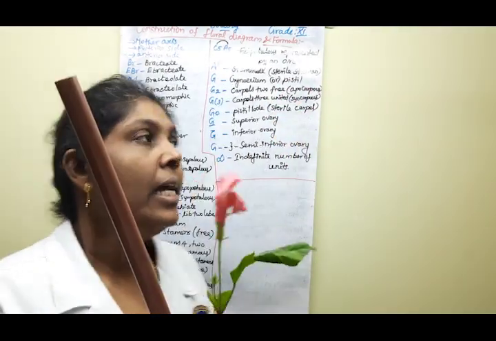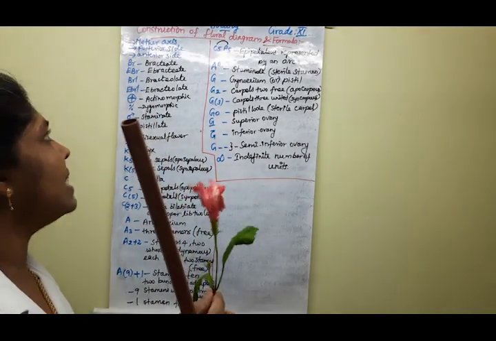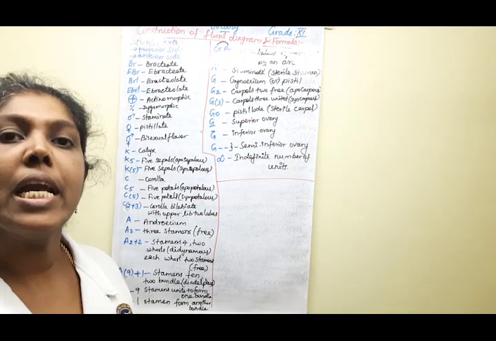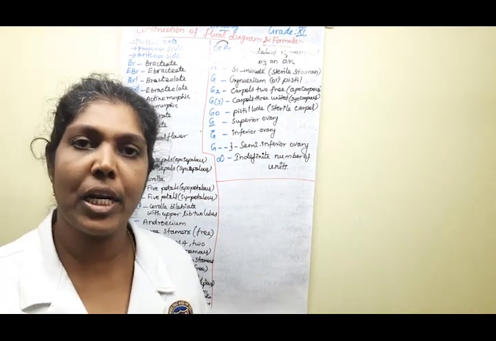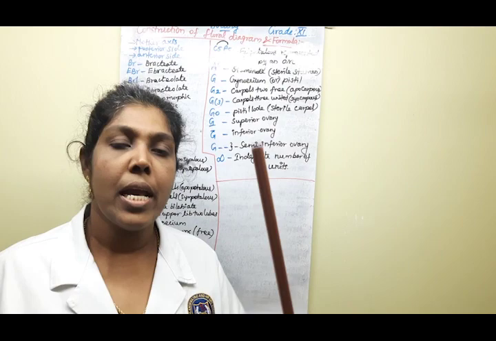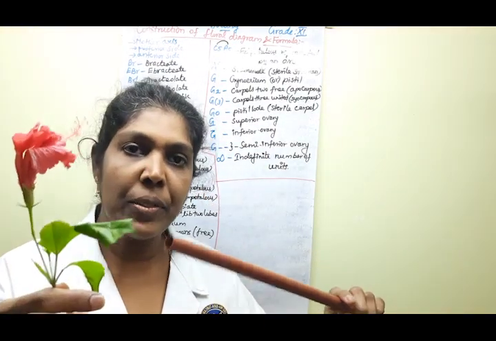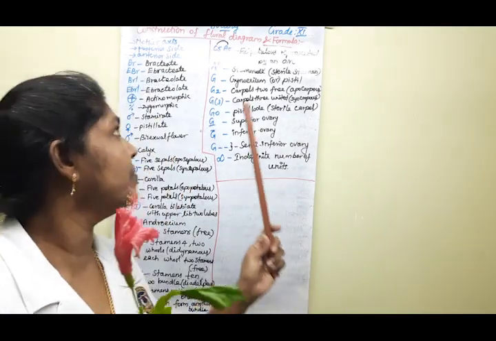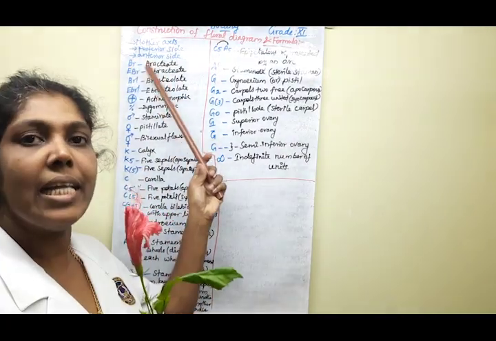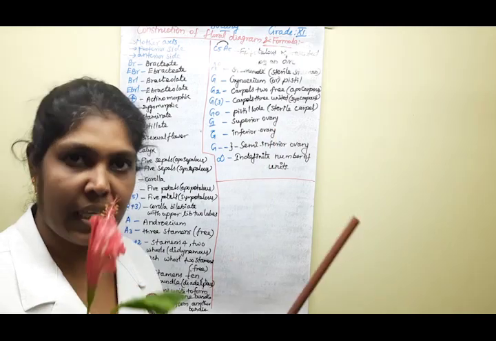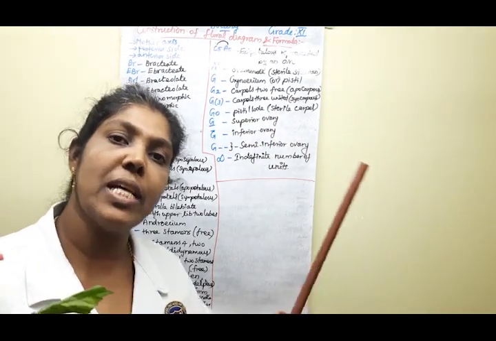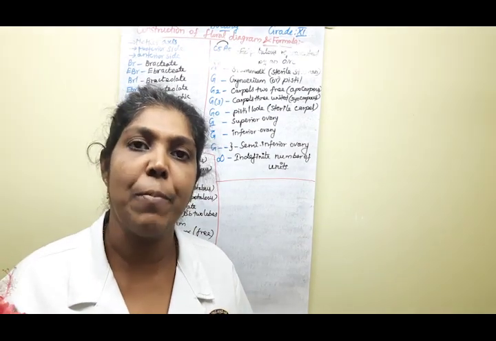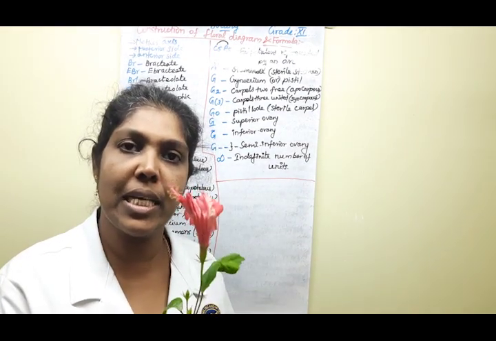Suppose the bract is absent, then we write EBR. Clear, children? First, if you find a bract in that particular flower, write the floral letters BR, which denotes that the bract is present. Suppose the flower has no bract, then you write EBR. Understood, children? Say yes or no?